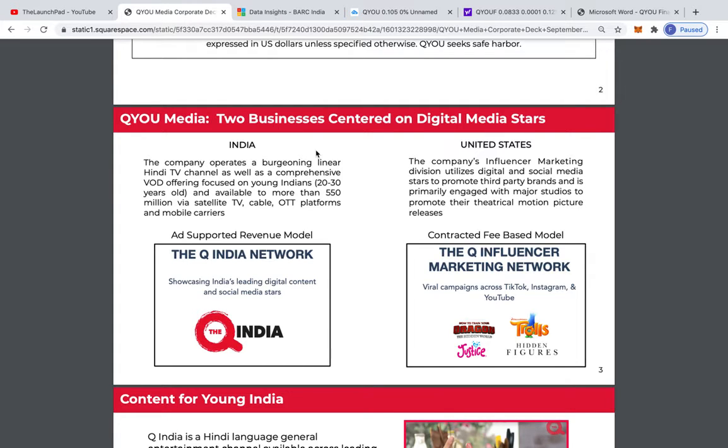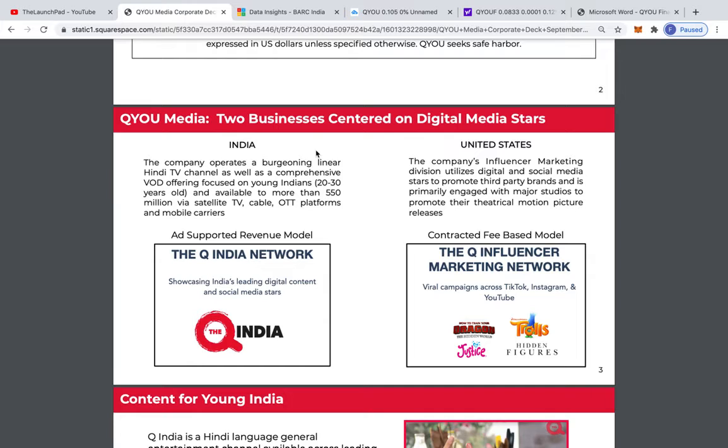So we have two segments of the business, one in India, one in the United States. In India, you have your straightforward TV network with an ad-supported revenue model. The more eyeballs on your network, the better, the more advertisement dollars you're going to take in. And on the US side, we have the influencer marketing.